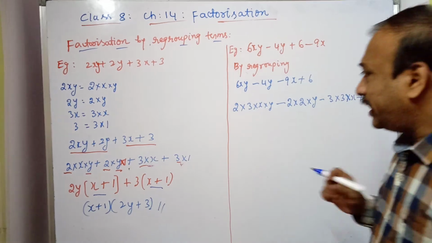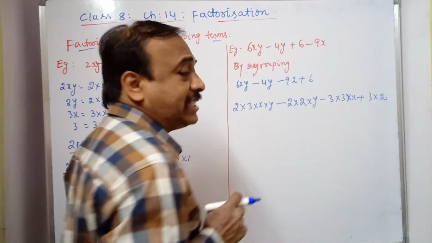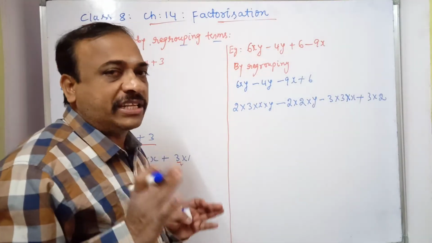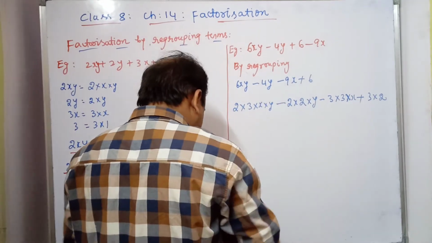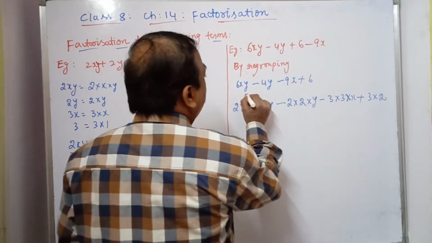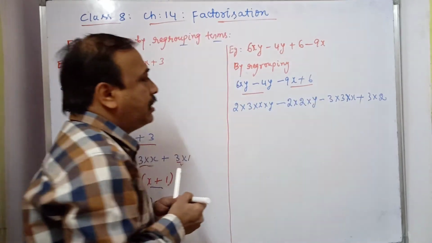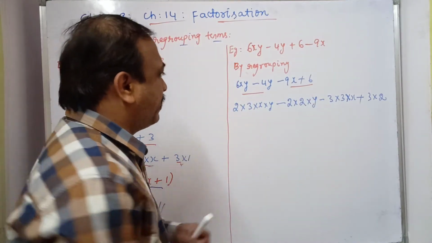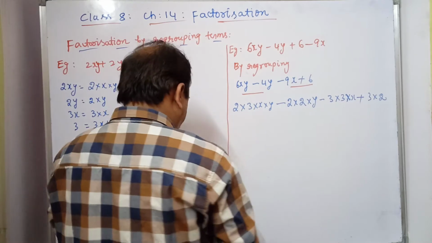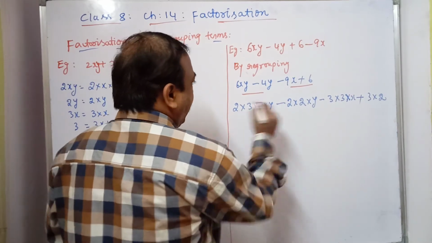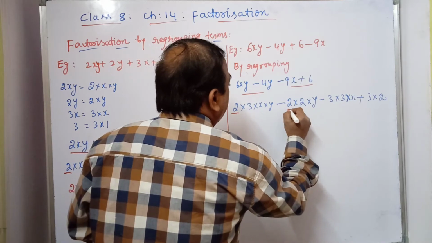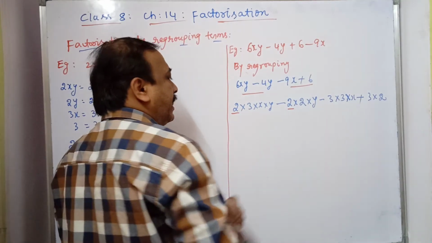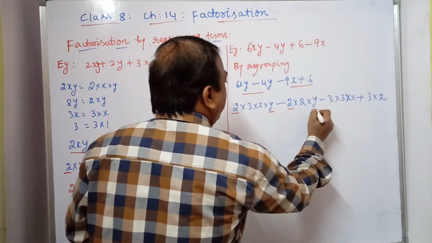Now here you need to take a careful step, that is in these two. So here I am taking first these two terms, next these two terms. So in 2 into 3, observe it, here 2 is common in these two. Next, here y is common.